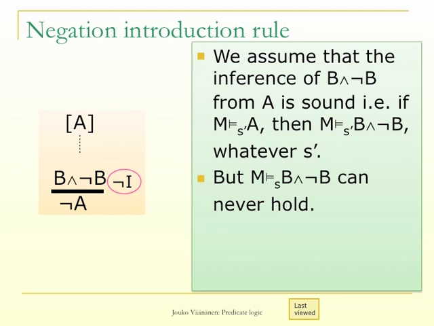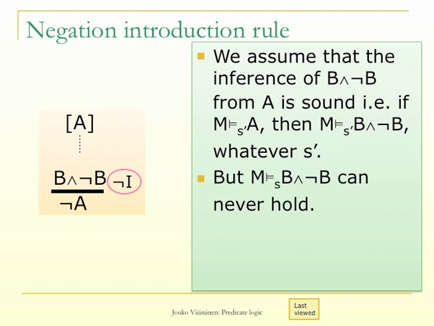But S prime can never satisfy B and not B. So in particular, S cannot satisfy A. Otherwise S would satisfy B and not B, which is impossible.